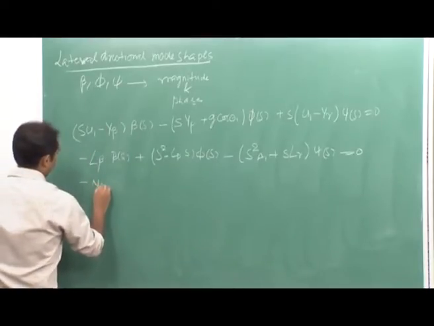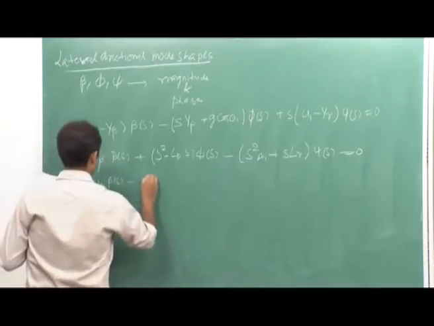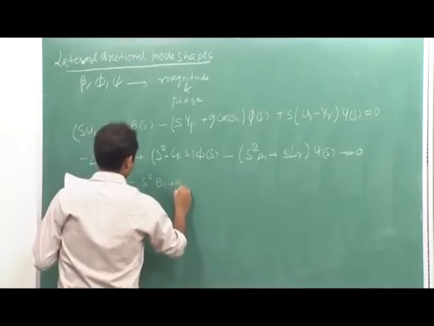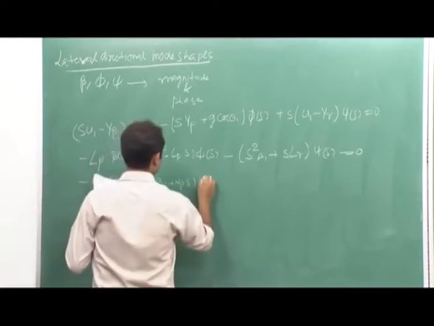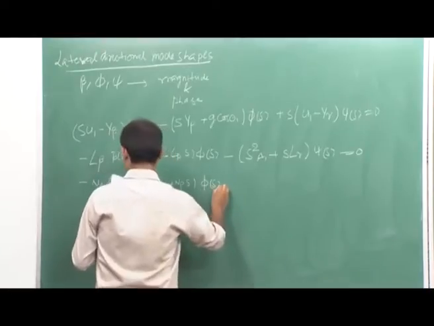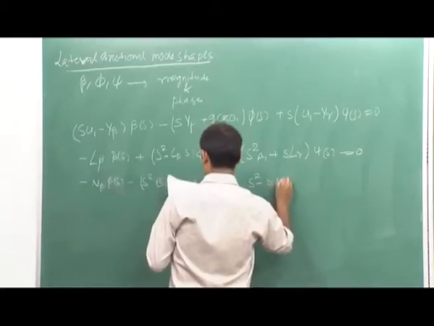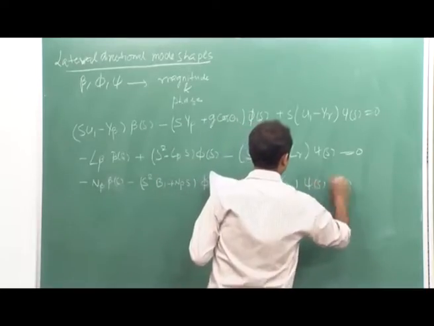Minus N_beta into beta of s, minus (s square B1 plus N_p s) into phi of s, plus (s square minus s N_r) into psi of s equals 0.